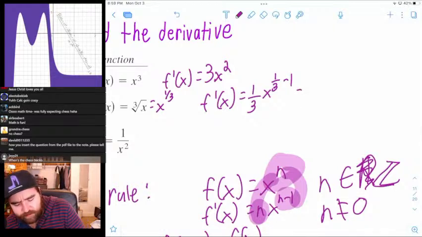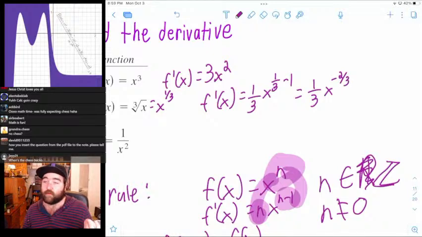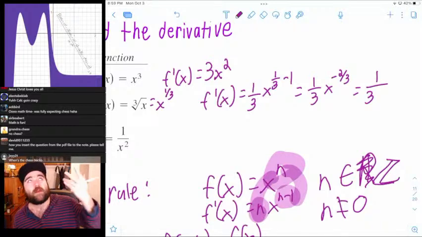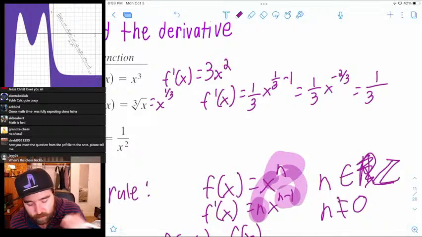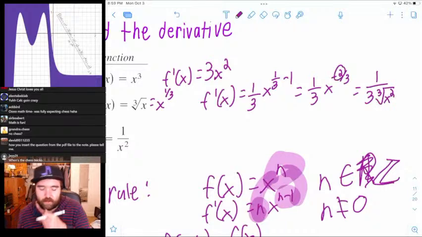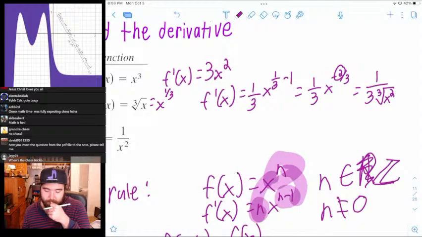And then we just want to simplify. And I think it's nice when we simplify to write it in the way it looks like before. So I'd say let's get rid of the negative exponents. Let's put that to the bottom. So let's make it 1/3. And then let's make it a cube root too. So it's to the 3rd. So it's the cube root. But then now it's of x squared because of that 2 up there. And yeah, that's what we got.